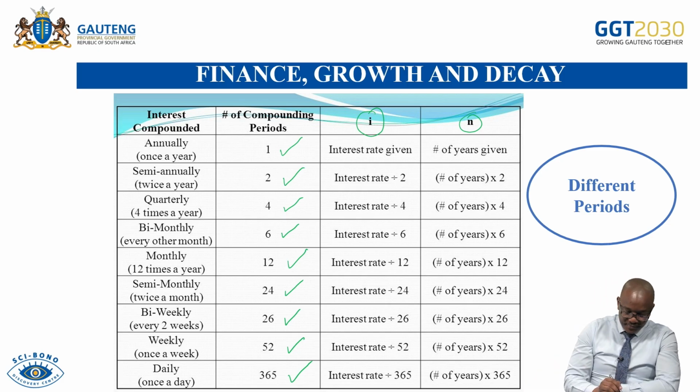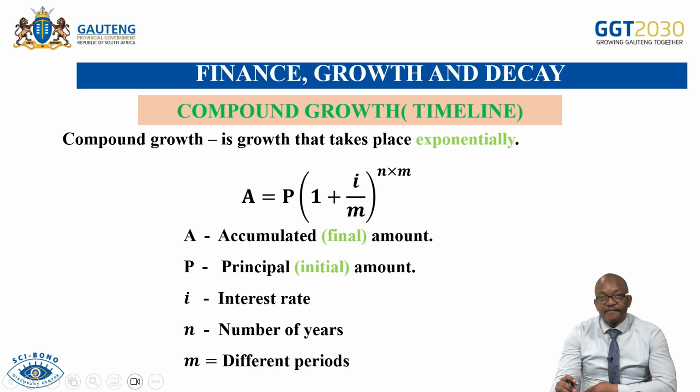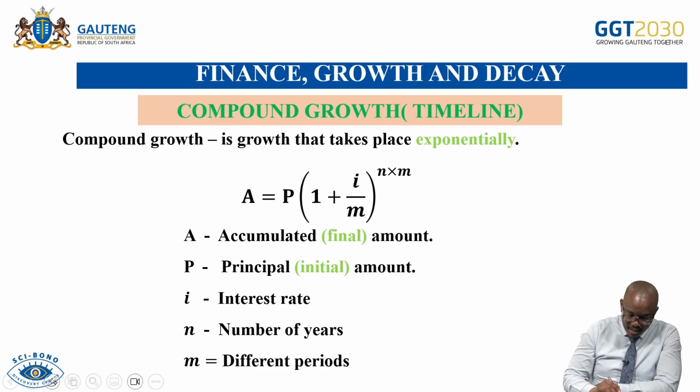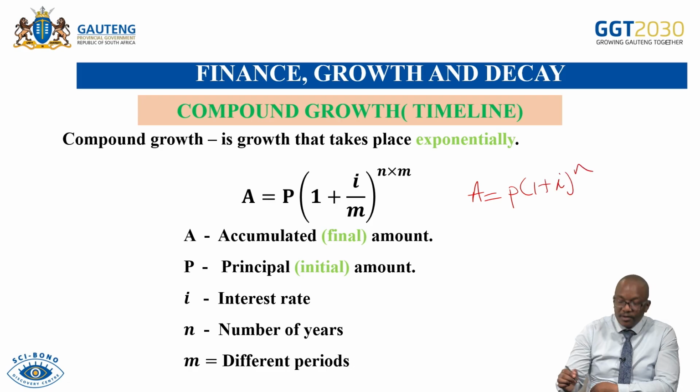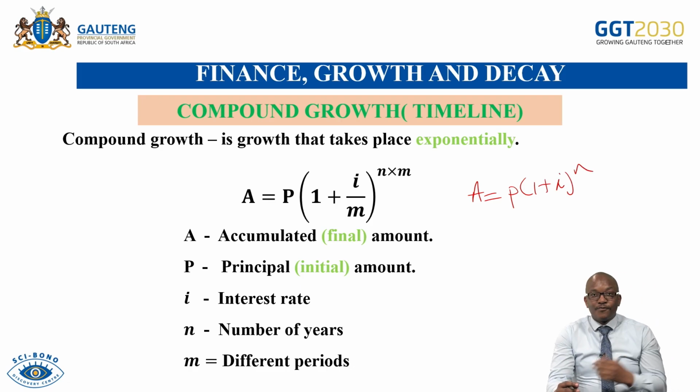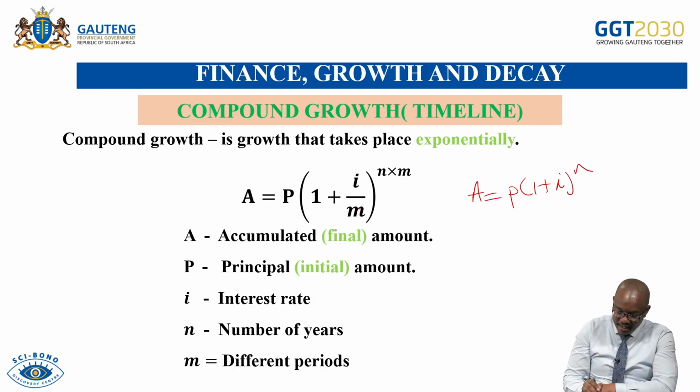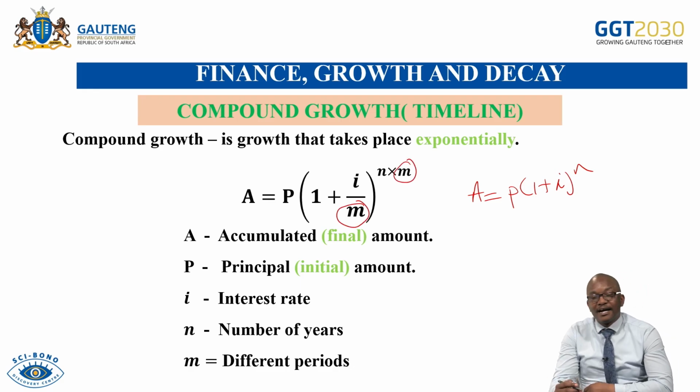So now we have this type of formula, but this formula is not on our formula sheet. Correct? In our formula sheet, you'll only have the formula that looks like this: A is equal to P into (1 plus I) to the power of n. That is the formula for compound interest. But the one where we include the different periods, where we divide I and multiply n, is not there.